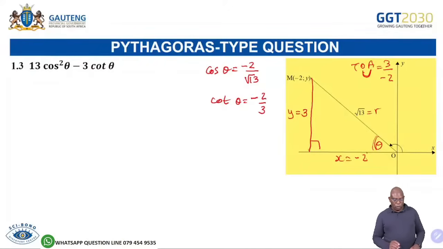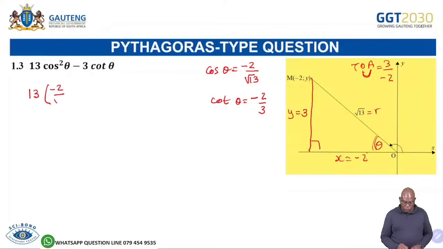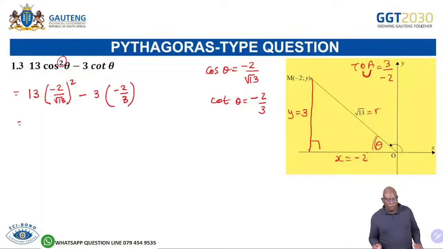I'm done. So I go to my question here. 13, what is cos? It's negative 2 over square root of 13. This thing is squared. Can you see the square? Minus 3, what is the cot? Minus 2 over 3. And I use my calculator as it is. Then I get to my final answer, which will be 6.